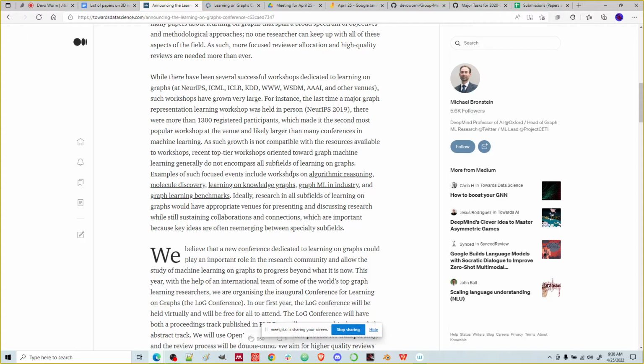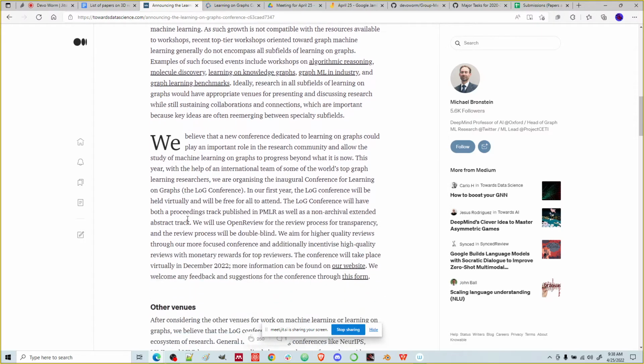There have been specialized workshops in the past having to do with graph ML in industry, learning on knowledge graphs, molecule discovery, graph learning benchmarks. There are links to all these in this blog post, but they don't really have any way to unify the subfields. So people would attend these workshops, and the conversations would be limited to those areas.